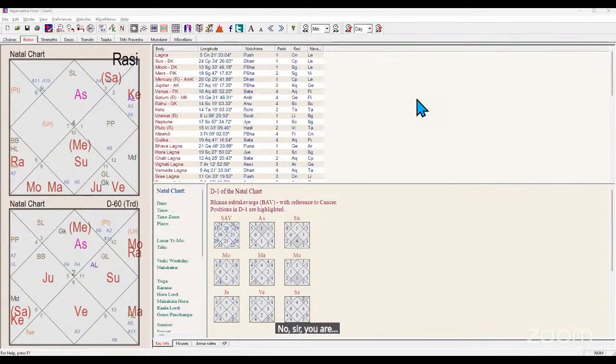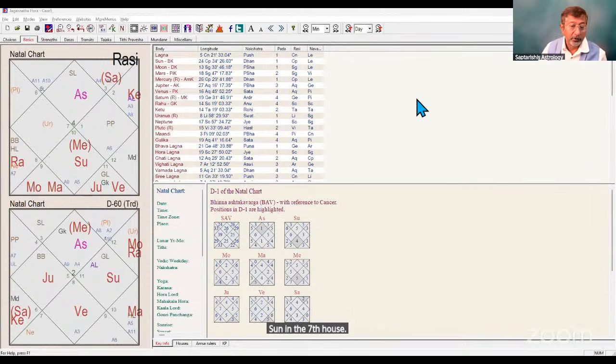Oh. Sun in the 7th house is a separative planet, and it is in enemy sign, and it is with 12th lord. So this is not a good thing.